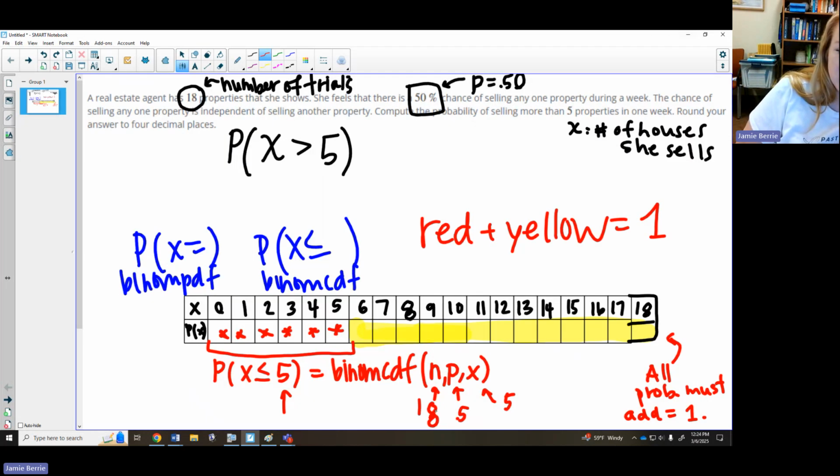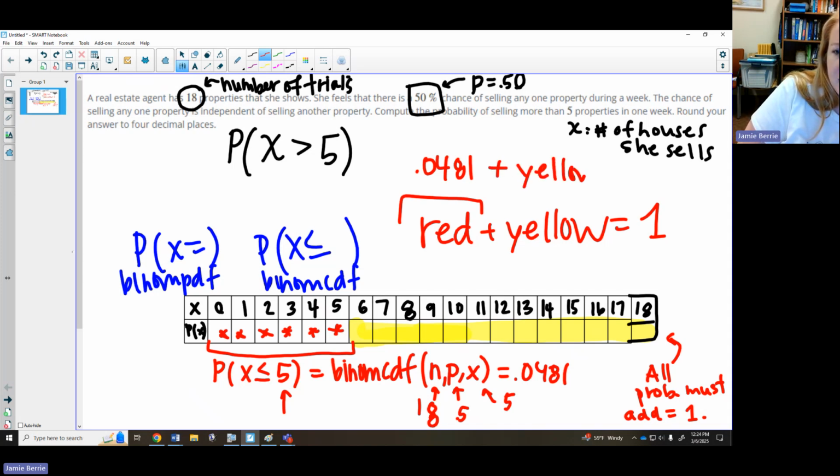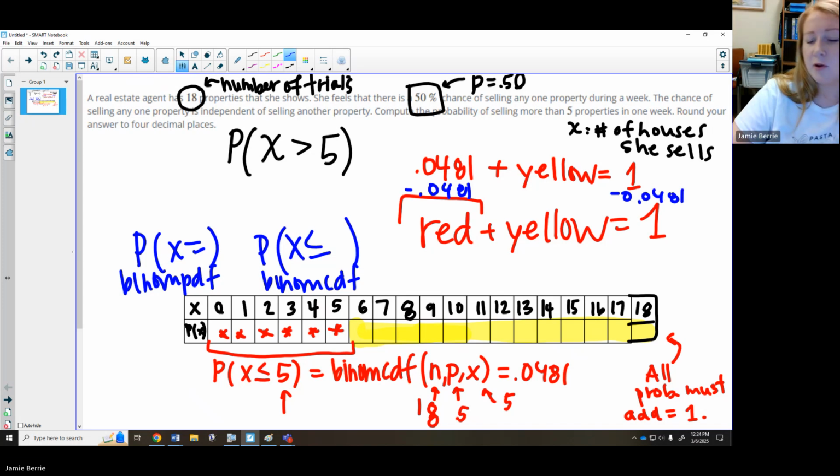All right, so the red portion of our table sums to 0.0481. Now we know what the red part is. So 0.0481 plus the yellow highlighted part equals 1. So now we're just going to subtract 0.0481 from both sides to get yellow by itself.